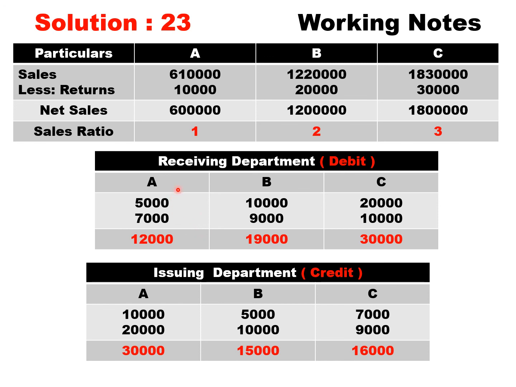So total receipt of A 12,000, total receipt of B 19,000, total receipt of C 30,000.